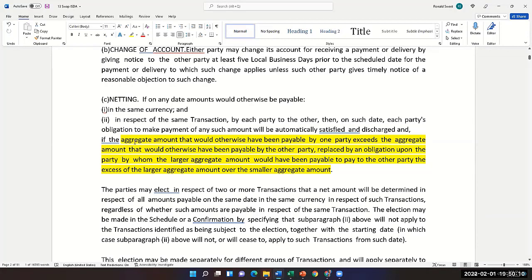And just to show you a couple of sentences they have in there. It says, if the aggregate amount that would otherwise have been payable by one party exceeds the aggregate amount that would otherwise have been payable by the other party, replaced by an obligation upon the party by whom the larger aggregate amount would have been payable to pay to the other party the excess of the larger aggregate amount over the smaller aggregate amount. I read that like 5,000 times.